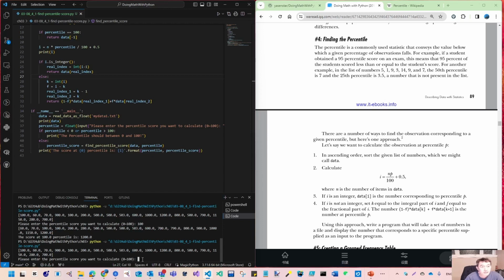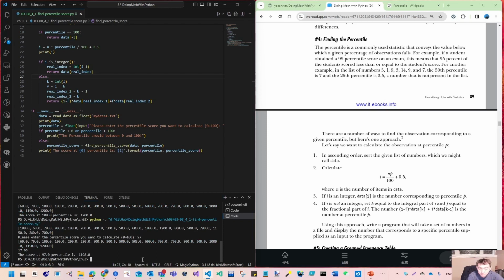It is 90% of the number of your items. If I put 97, that means 97% times your n plus 0.5. So I can still get 1198. It's already quite close to 1200.